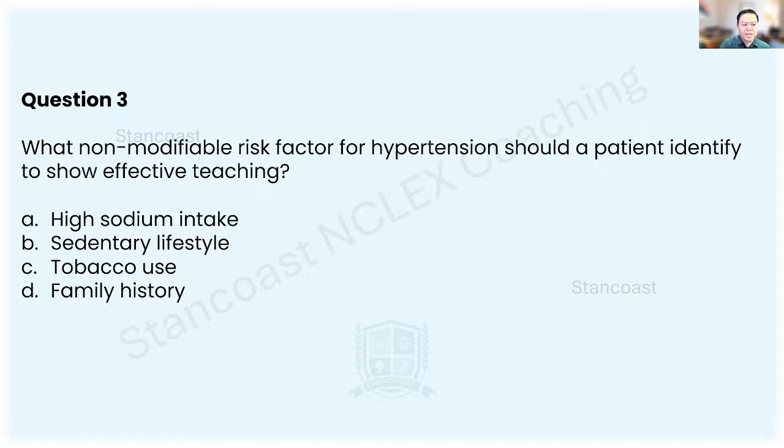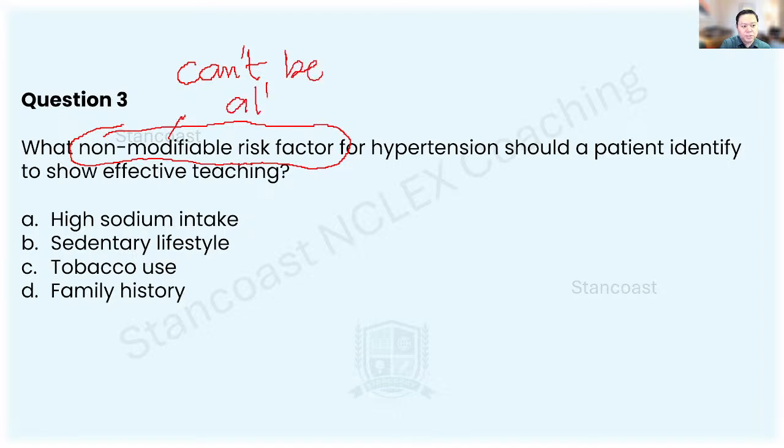We are being asked about a non-modifiable risk factor. It simply is asking you to identify something that can't be altered. The correct answer here is letter D.